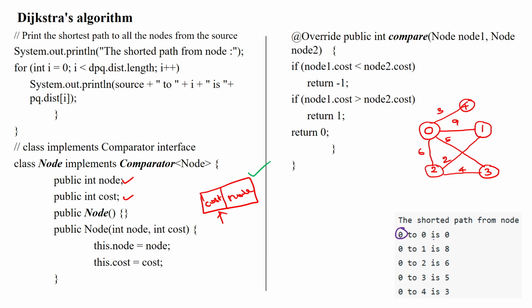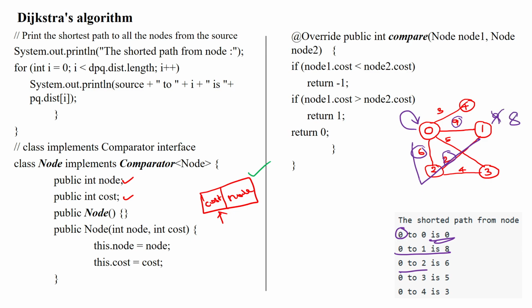So here 0 to 0, you look at that, 0 to 0 is 0, 0 to 1 is 8. So 0 to 1 is here, this is 9. So it is going to be updated through this path. So here 6 and 2 are there, so it will be updated with 8.